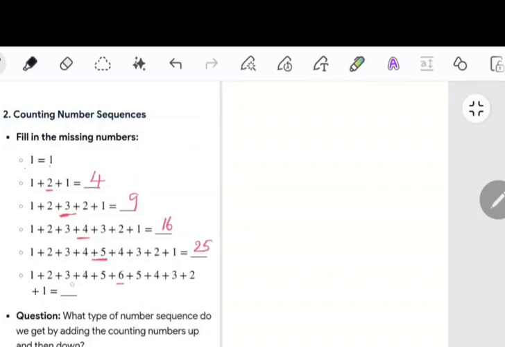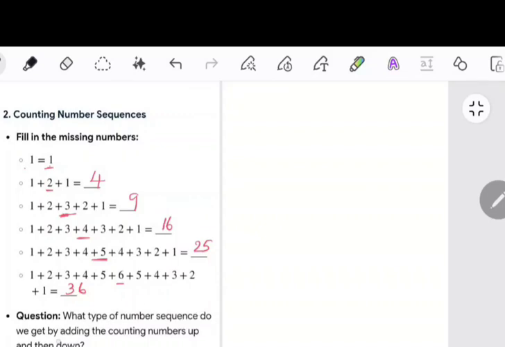Next one, 6, that is 36. So here the answers we get are 1, 4, 9, 16, 25 and 36. These all are square numbers.